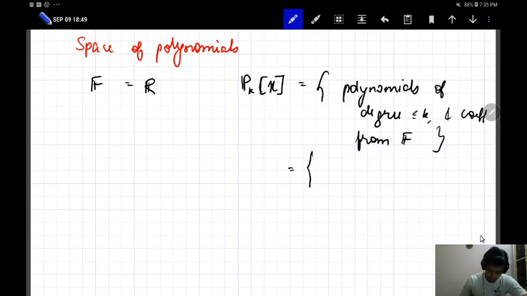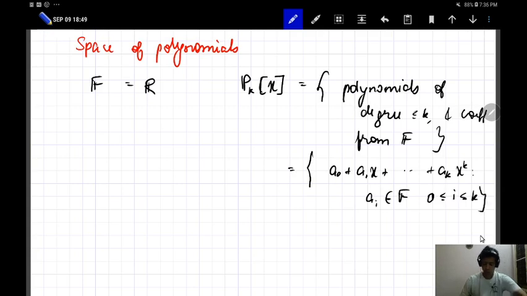So in other words, this is the set of all a0 plus a1 x plus so on plus ak x to the k, where ai is an element from the field for 0 less than or equal to i less than or equal to k. So you can prove that this set Pk(x) is also a vector space, right?